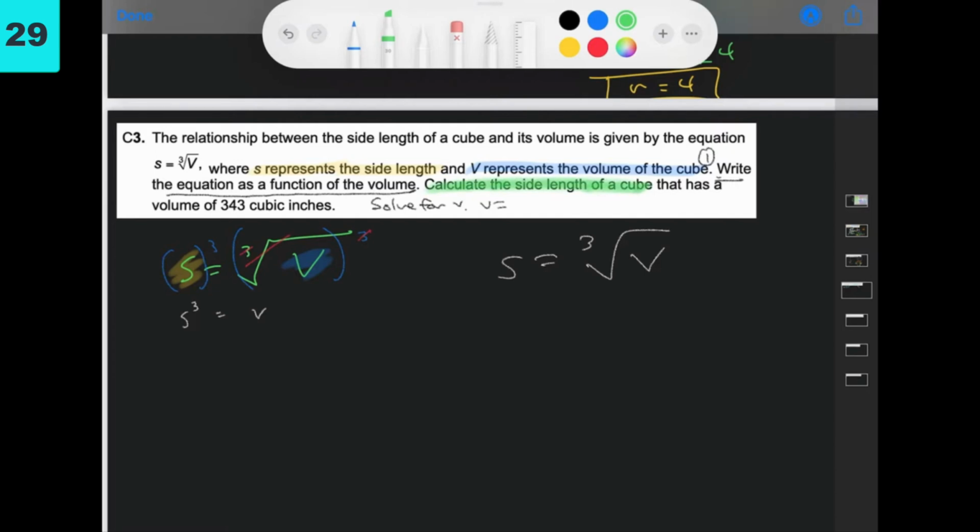That's telling you S equals what? Find it, calculate it. That has a volume of 343 cubic inches. Now, don't worry about the cubic inches. Just know that V is going to be 343.